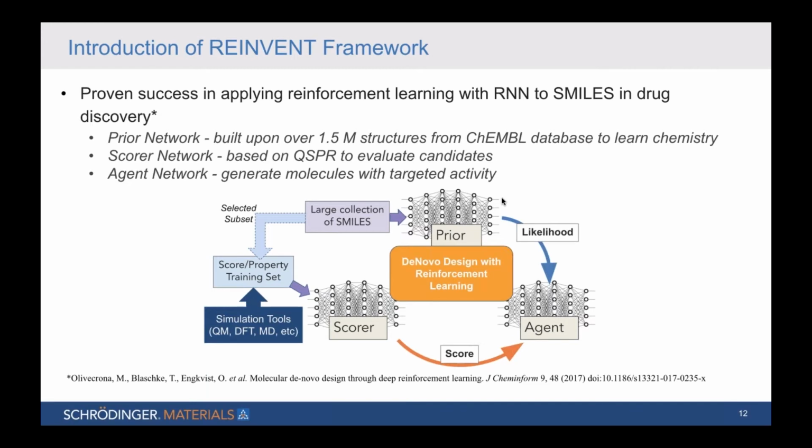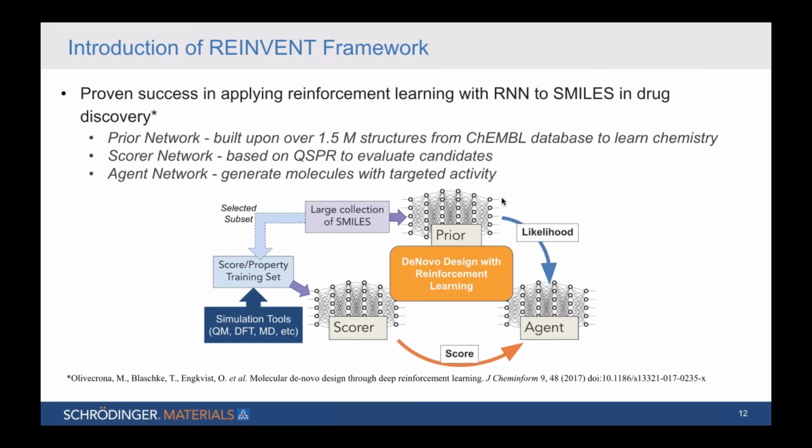The idea is to use reinforcement learning with a recurrent neural network on the SMILES representation of compounds. First, it learns the chemical space, and that's the prior network. In the original study, because it's for drug discovery, it used the ChEMBL database to learn chemistry.